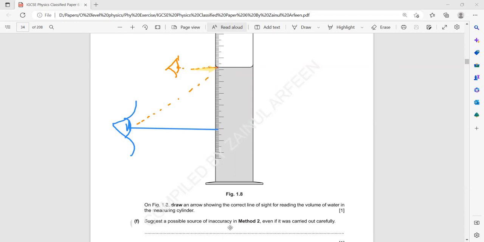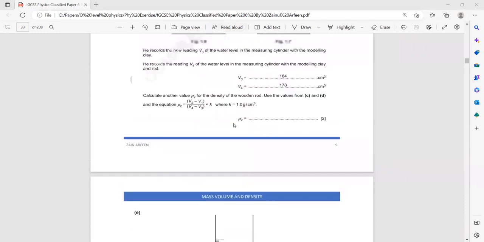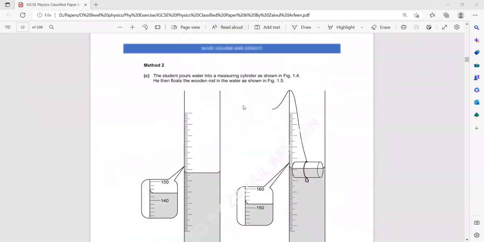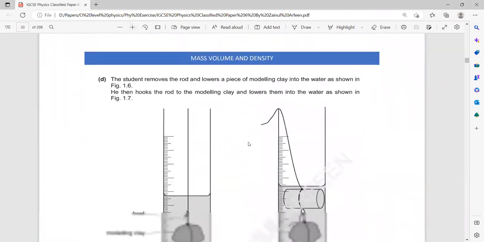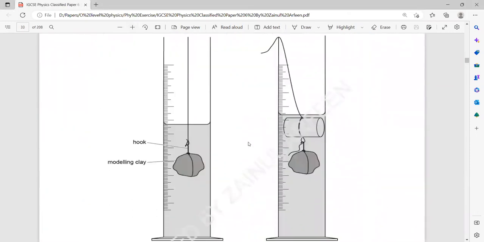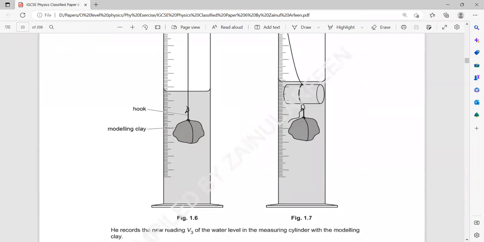Suggest a possible source of inaccuracy in method 2. In method 2, what did the student do? The student tied this wooden rod with a string. The string may be thick, so the volume of the string is there.